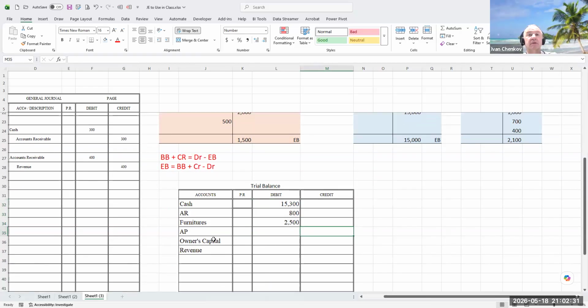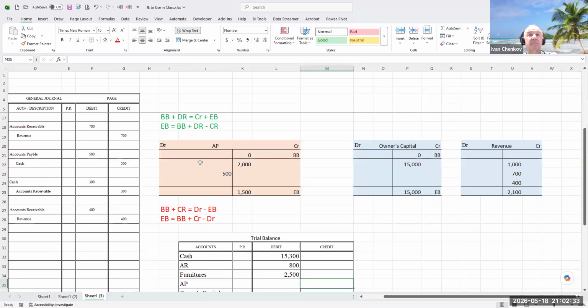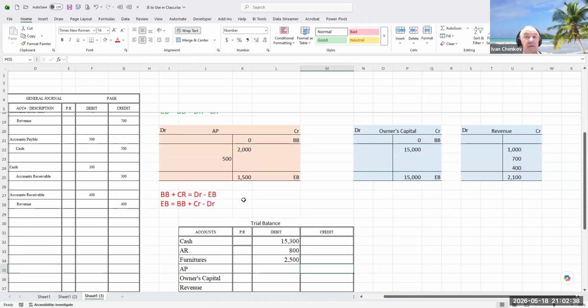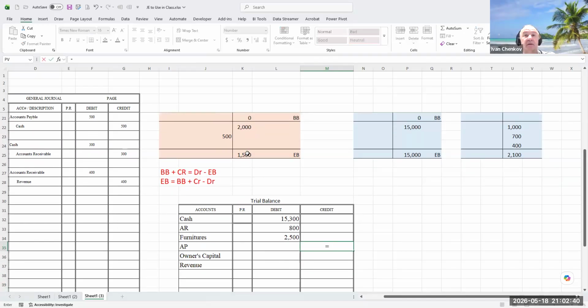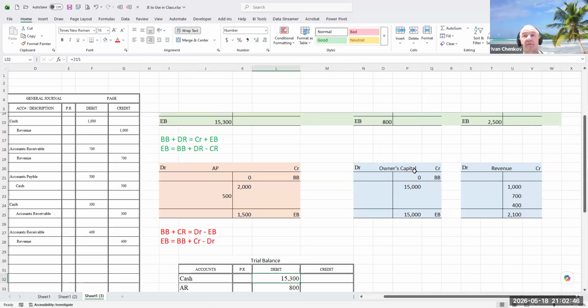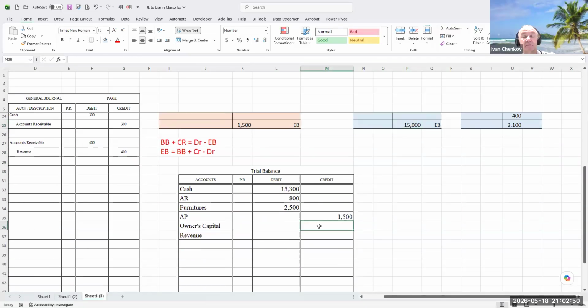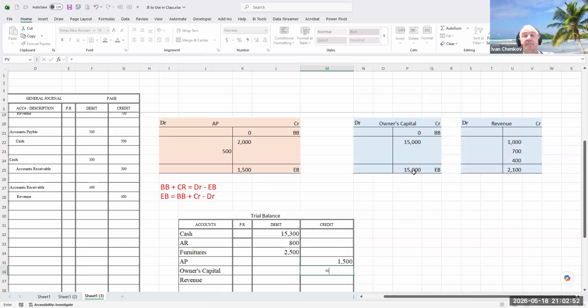Then next account that I have is the accounts payable. But accounts payable, as you can see, the balance is on the credit side. So I need here, credit side, $1,500. Next account that I have is the owner's capital, but again, that's a credit. So let's put it on the credit side.